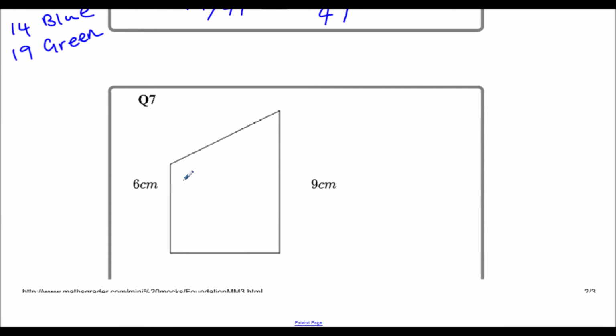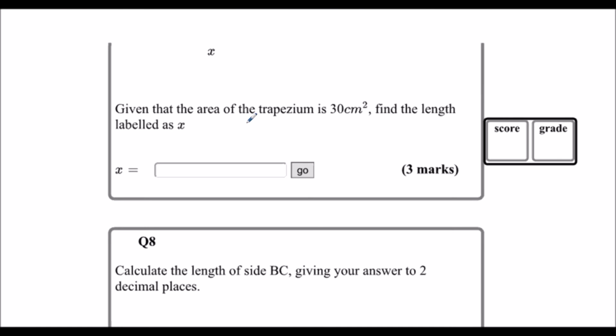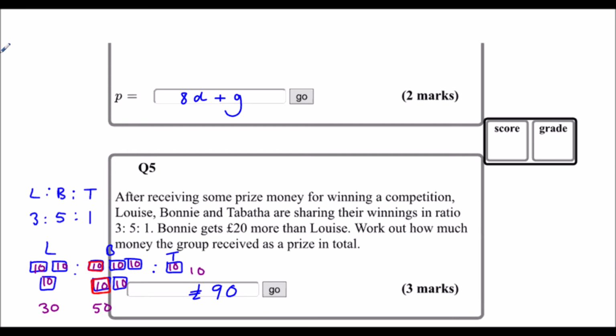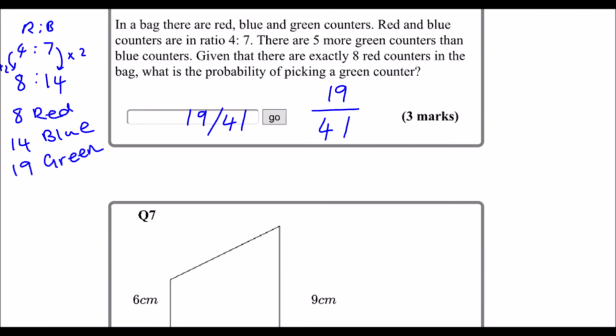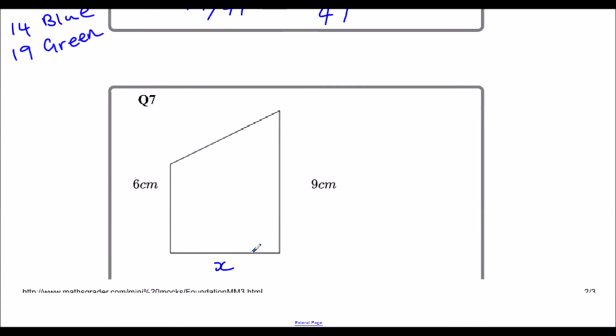Question 7. So we've got 6 centimeters and 9 centimeters here. Given that the area of the trapezium is 30 centimeters squared, find the length of x. So this is x, and the area is 30 centimeters squared. So it's a trapezium.